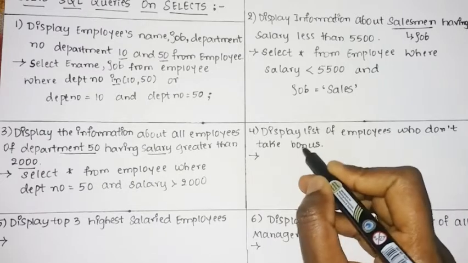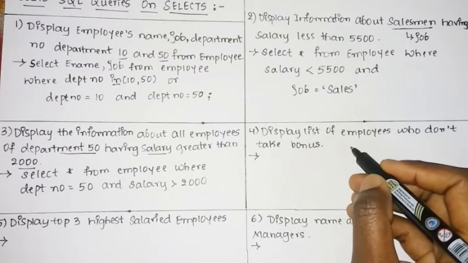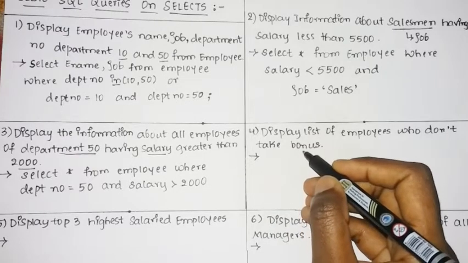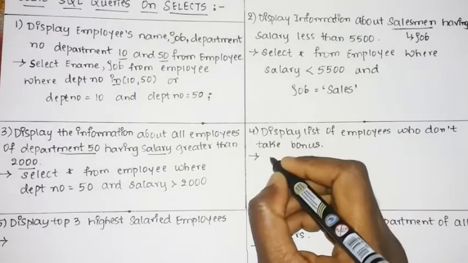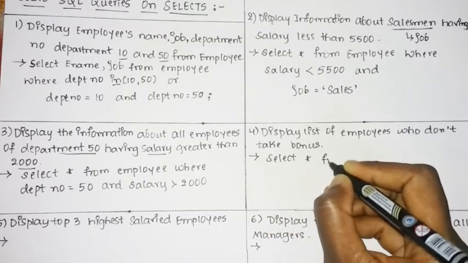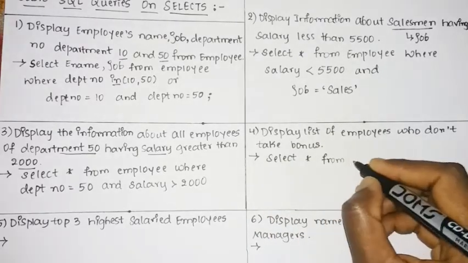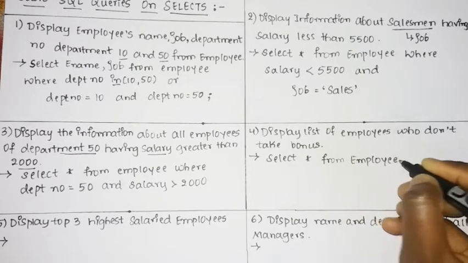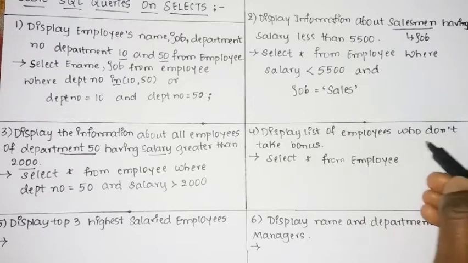So we shall see one more question, that is display the list of employees who don't take bonus. You need to display the list of employees, which means you need to select the entire table. So select star from employee, that is the name of the table, and where who don't take bonus.